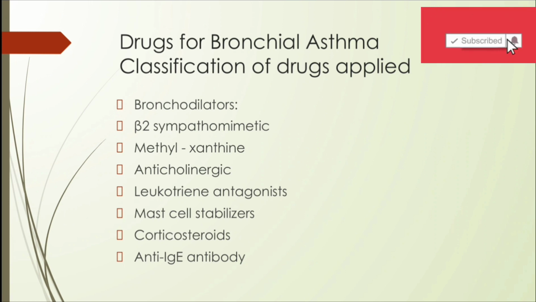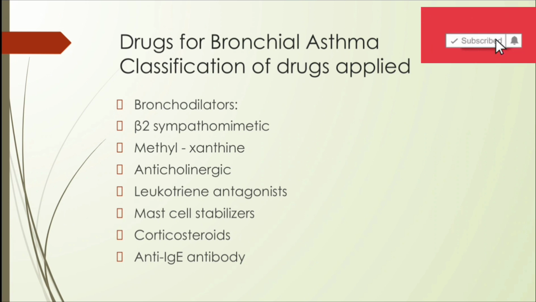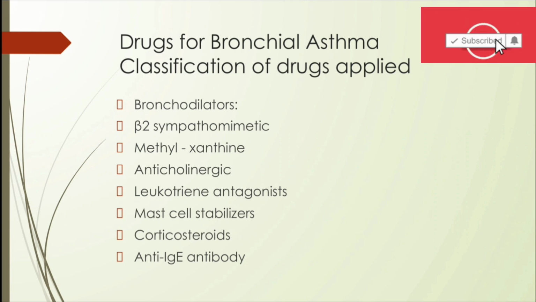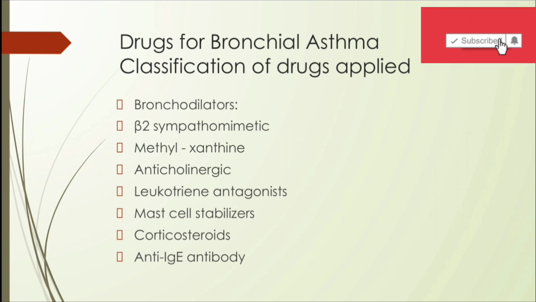First, bronchodilators. In these bronchodilators, there are three parts: beta 2 sympathomimetics, methylxanthines, and anticholinergics. In beta 2 sympathomimetics, we will study salbutamol, terbutaline, bambuterol, salmeterol, formoterol, and ephedrine.